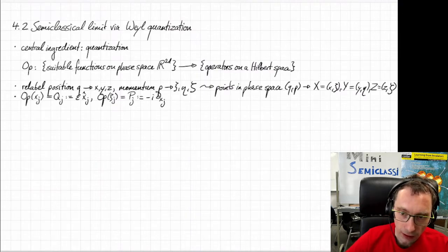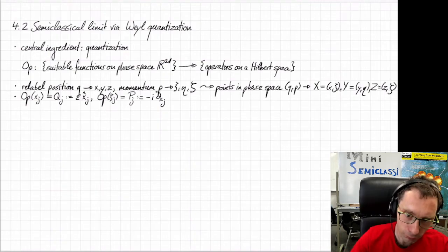The idea of this first part is that I'm going to fix the setting, and then I will give you the main theorem, the so-called Egorov theorem, but I will be vague intentionally, and then give a proof.